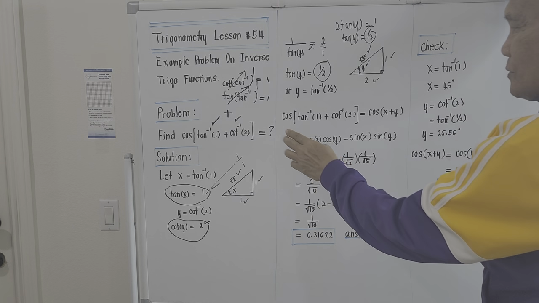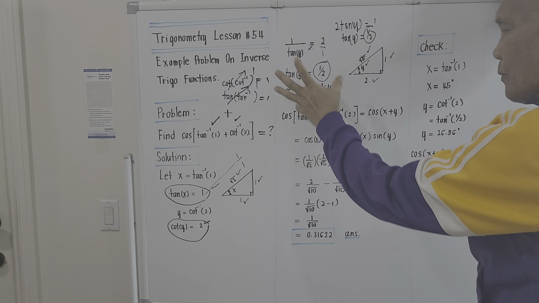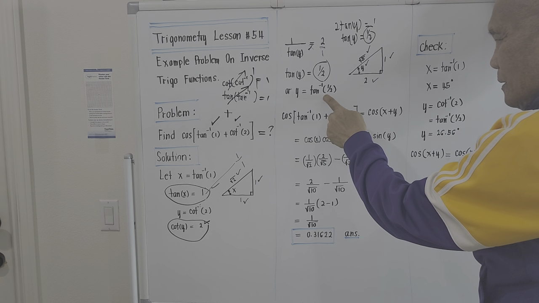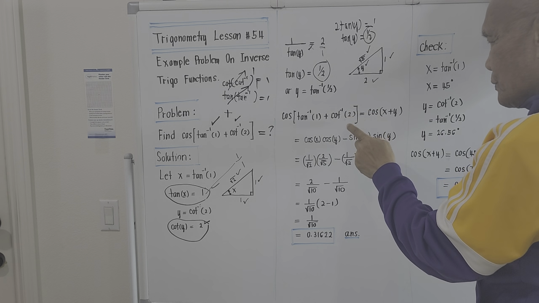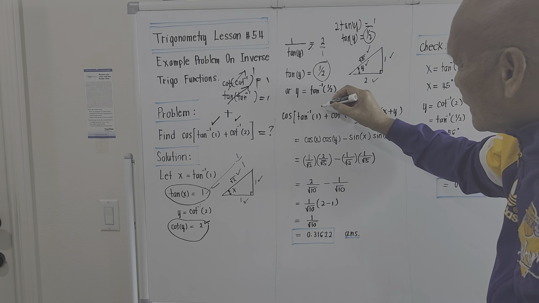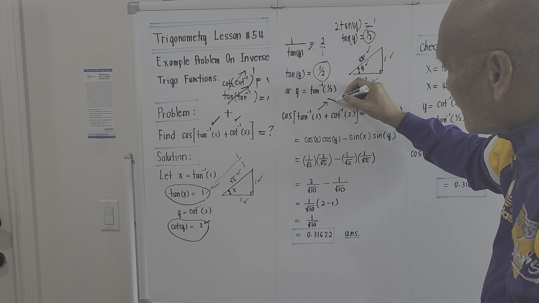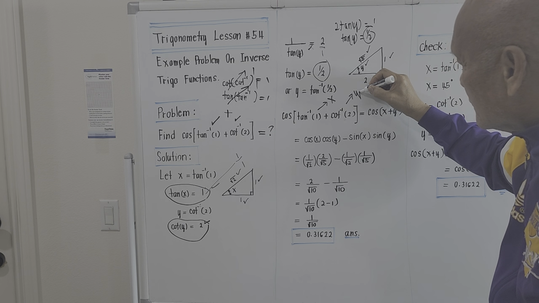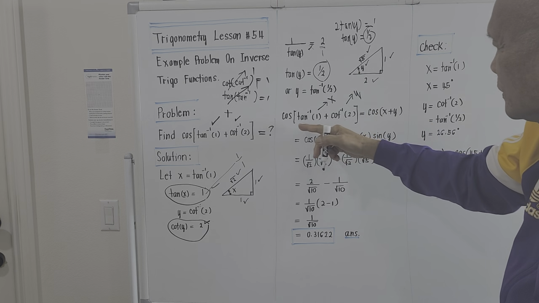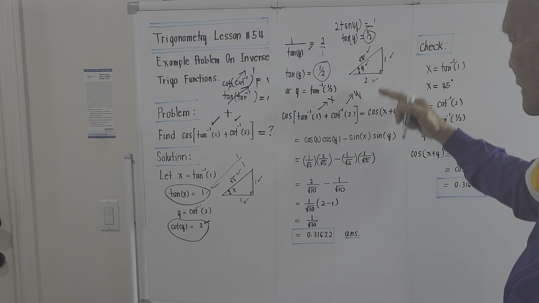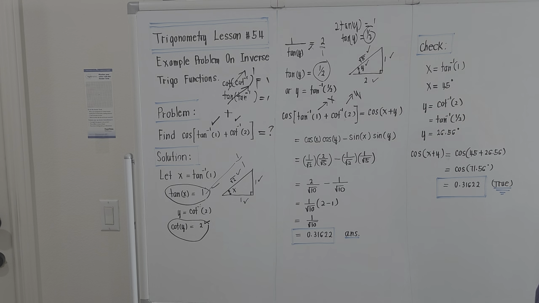The original problem is cosine of the quantity arctangent of 1 plus arccotangent of 2. We represent the first one as x and the second one as y. If we substitute the representation, it becomes cosine of the quantity x plus y.